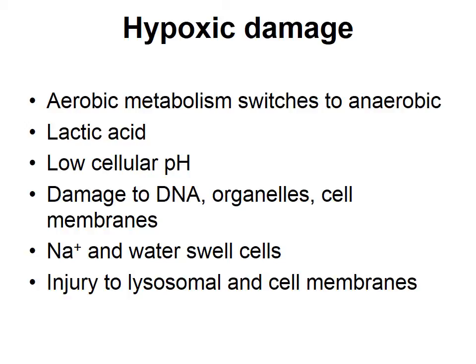If there's a reduction in the oxygen supply, the normal aerobic metabolism using oxygen will switch to anaerobic metabolism, which does not use oxygen. This can use up reserves in the cell, and it means that the cell can keep on producing energy for a period of time. And of course, this can be absolutely vital.